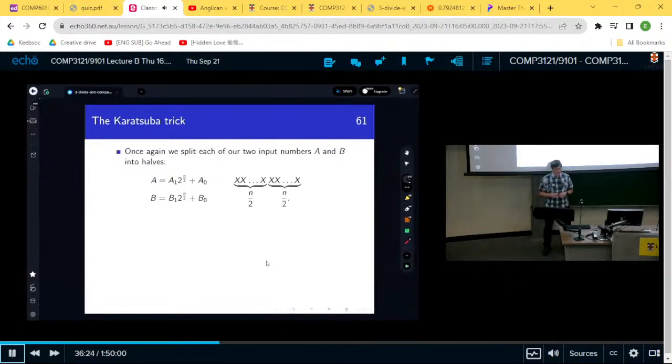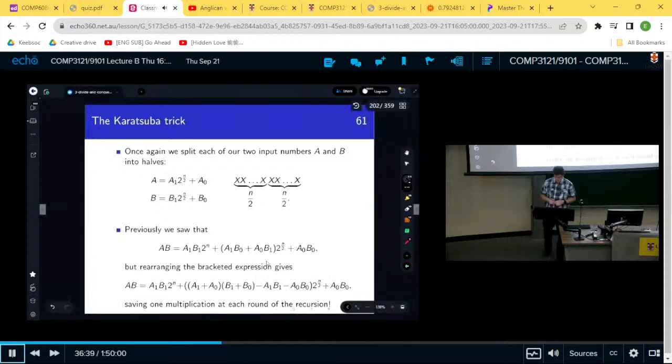Okay, so what's the trick that Karatsuba did? Well, it's based on the same idea. We try to do divide and conquer, but now we do a slight rearrangement. So what's going on here? We can see that this is the same as what we had before. This is also the same as what we had before.